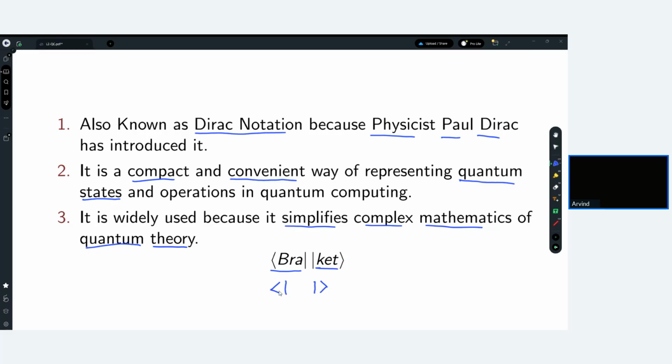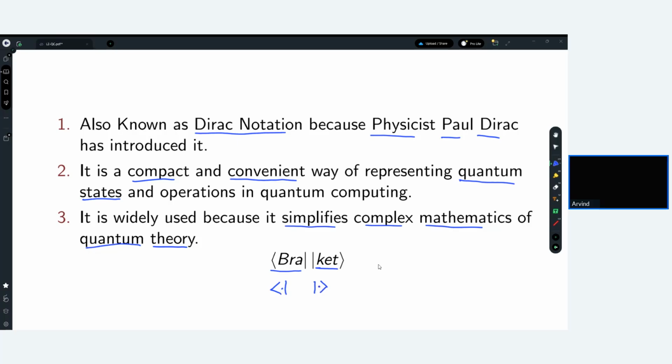And in between the less than sign and vertical bar of the bra notation, we write a quantum state. Also, in a Ket notation, which is a combination of a vertical bar and greater than sign, we write a quantum state.